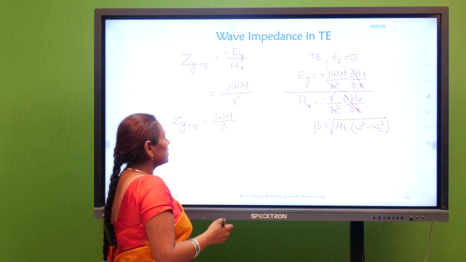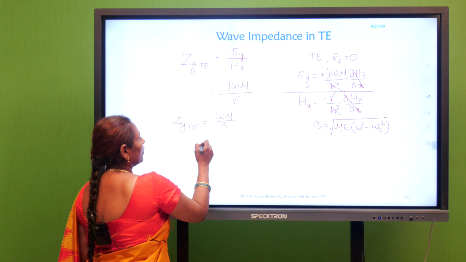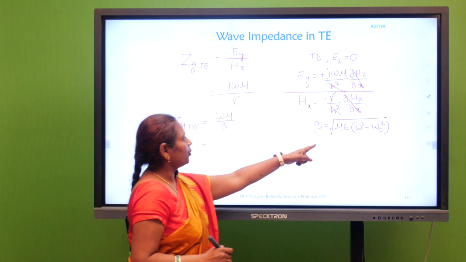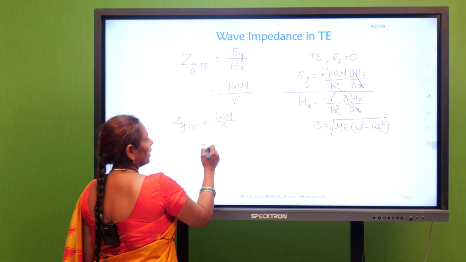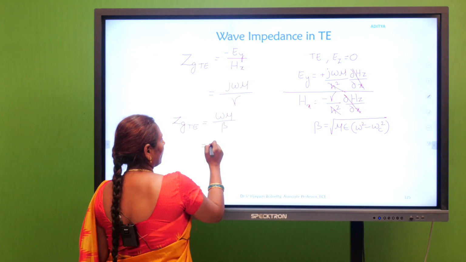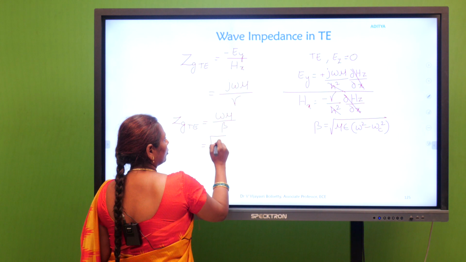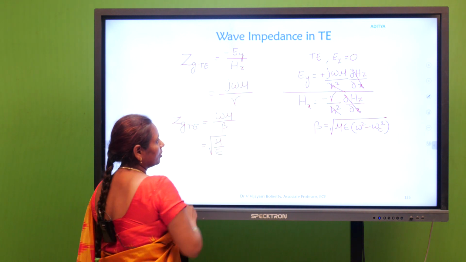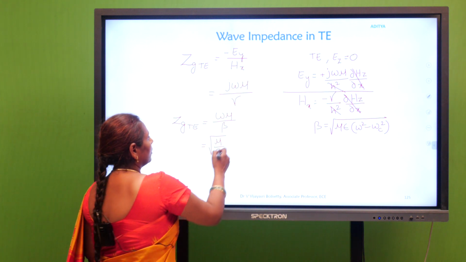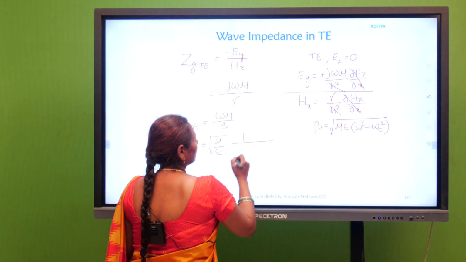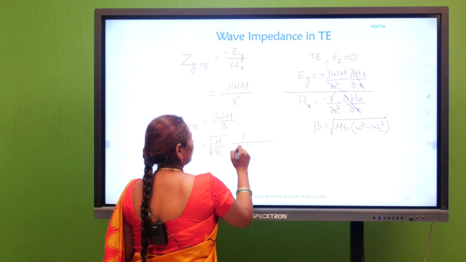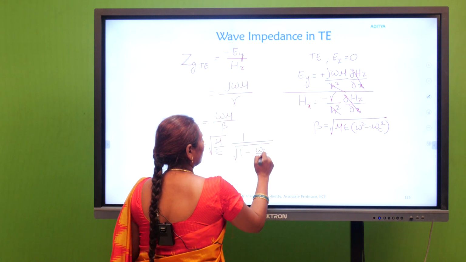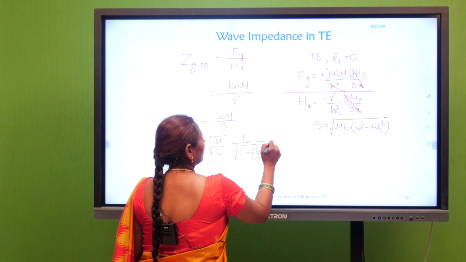Let us substitute the same here, and so we are going to get mu and root mu here. So, again it is root mu by epsilon, 1 by root 1 minus omega c by omega whole square.